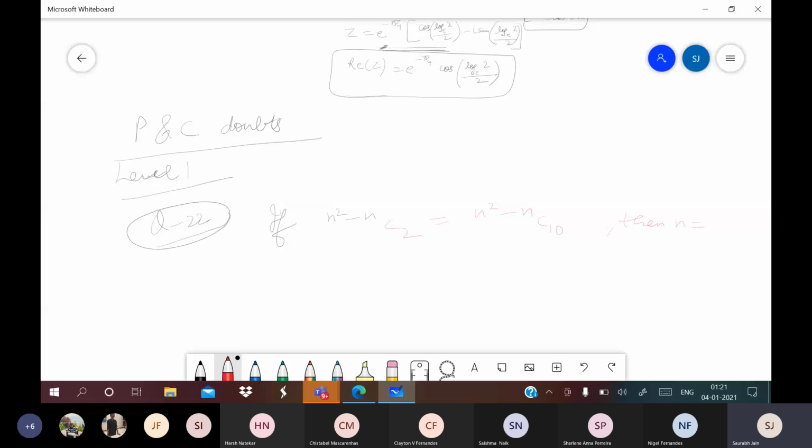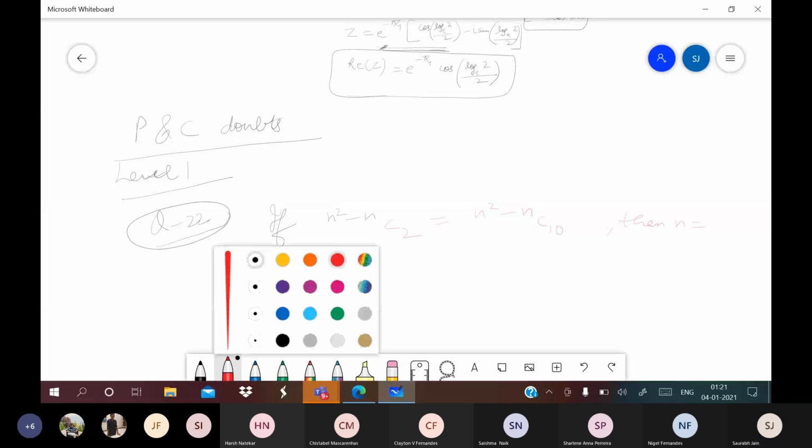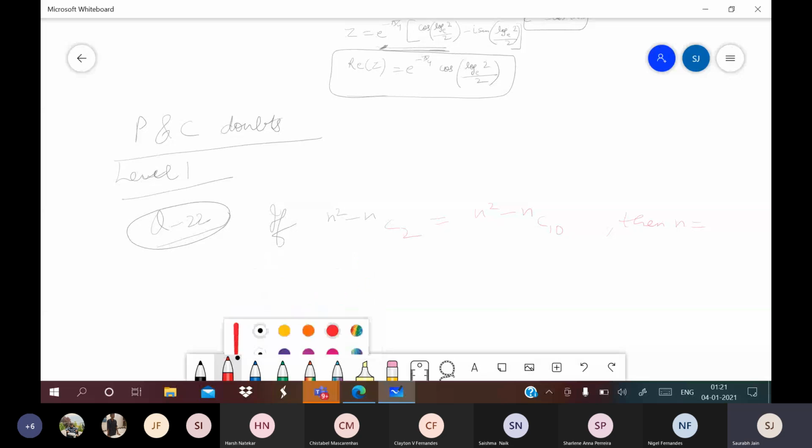What is the value of n? Options are given, but that is not important. How will you solve this question?